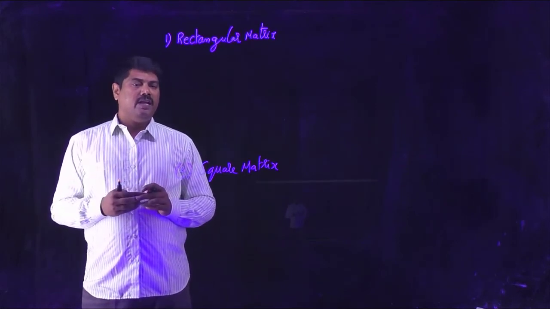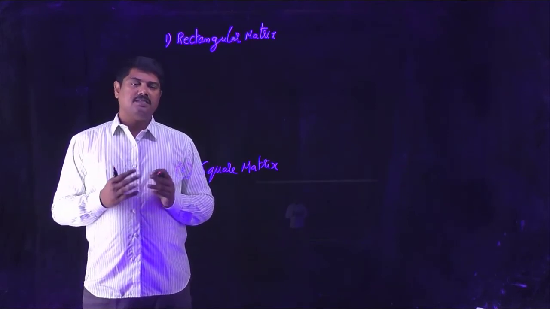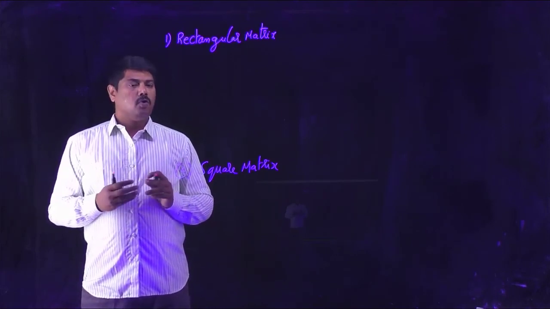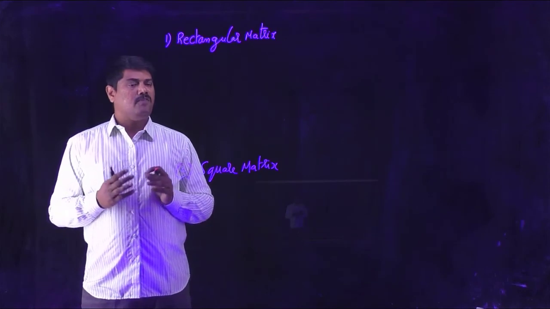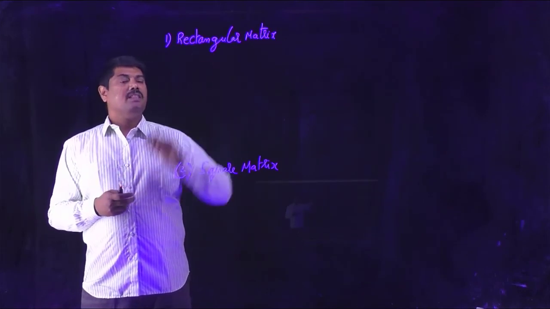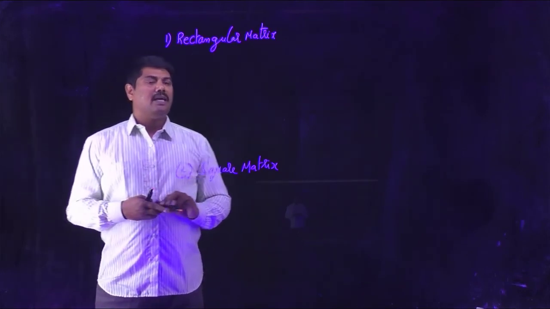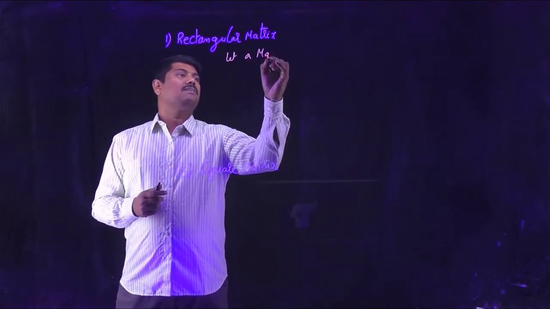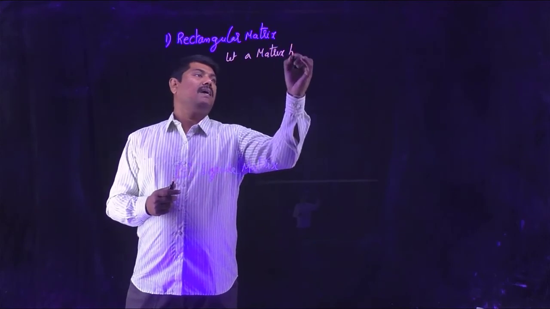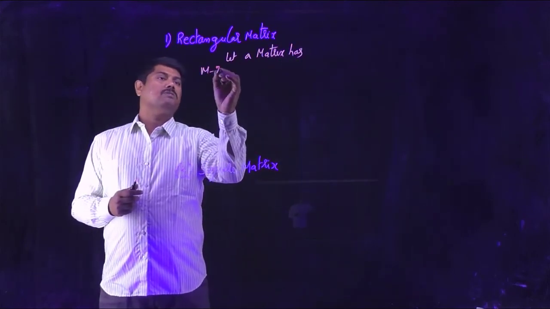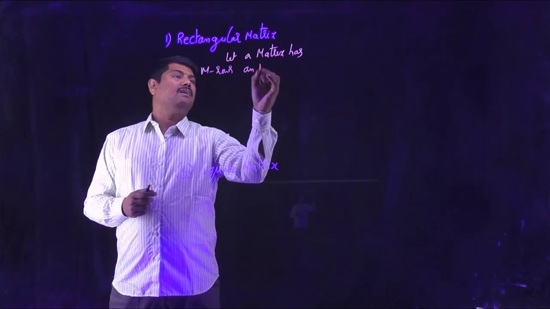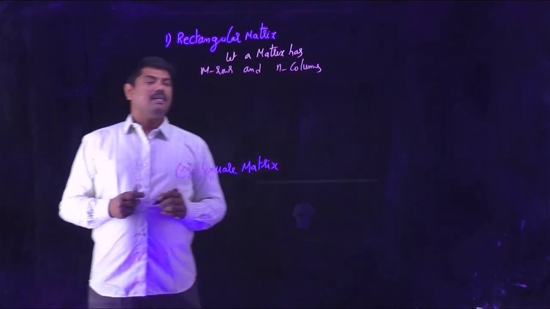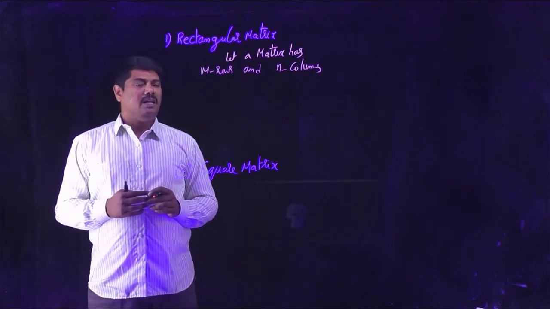Actually, every matrix contains some rows and columns. If the number of rows is different from the number of columns of a matrix, then that matrix is said to be a rectangular matrix. Let a matrix have m rows and n columns.